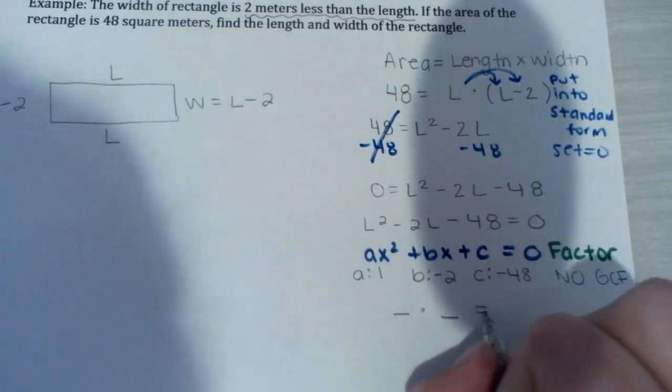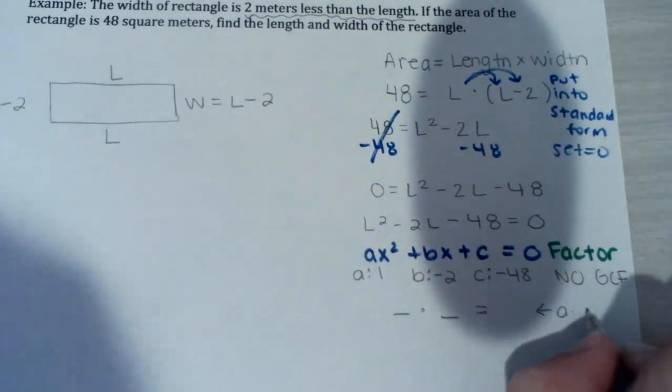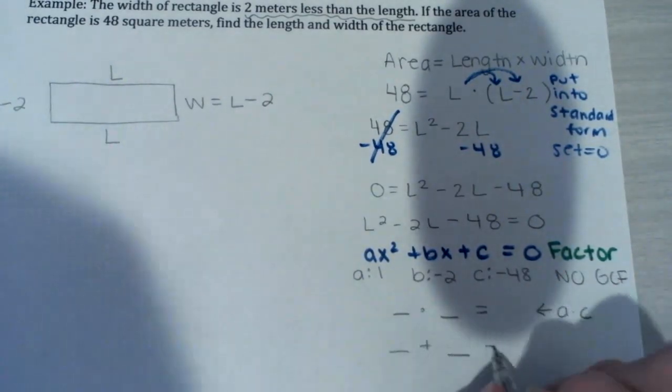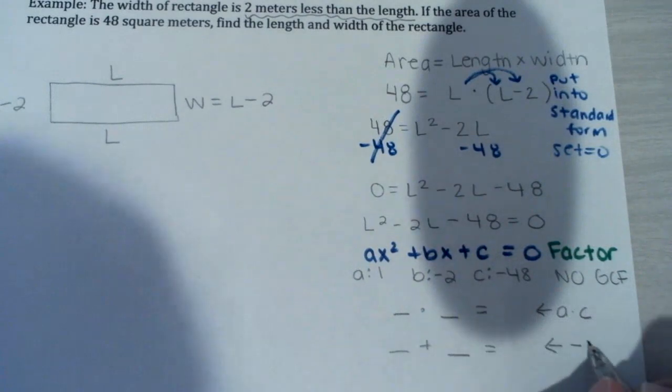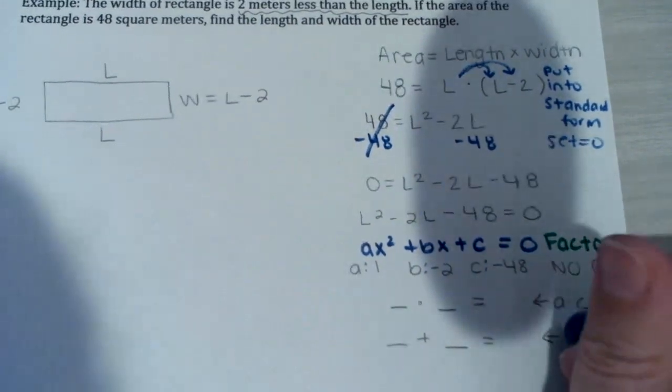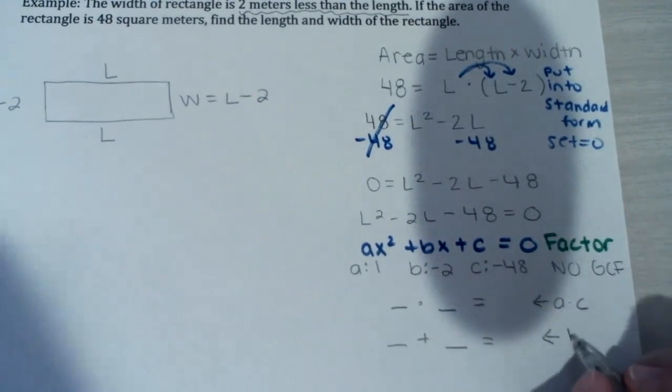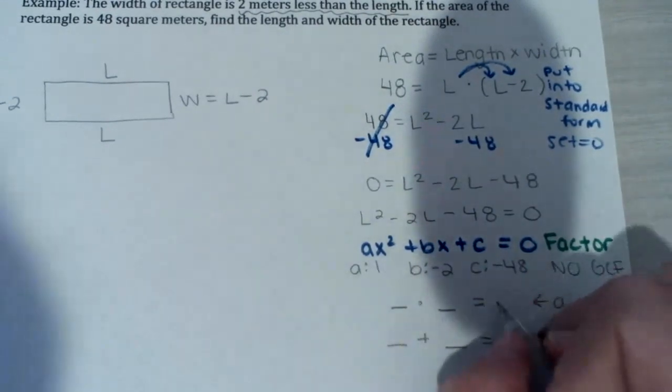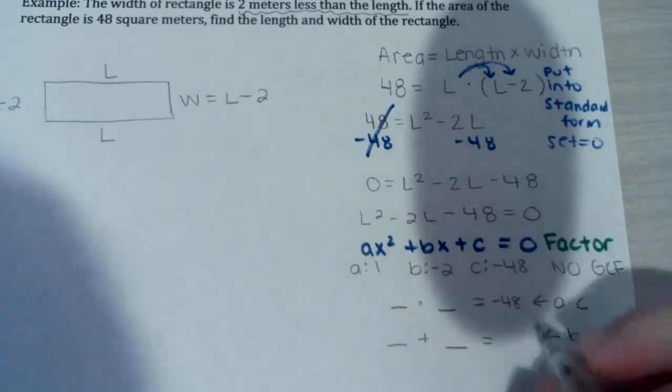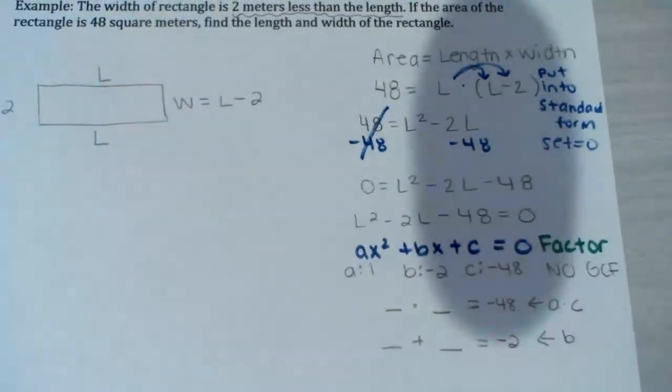So we're looking for two numbers that multiply together to give us A times C, the same two numbers to add together to give us B. So A times C is 1 times negative 48, so negative 48, and B is negative 2. So what two numbers multiply together to give us negative 48 and add together to give us negative 2?